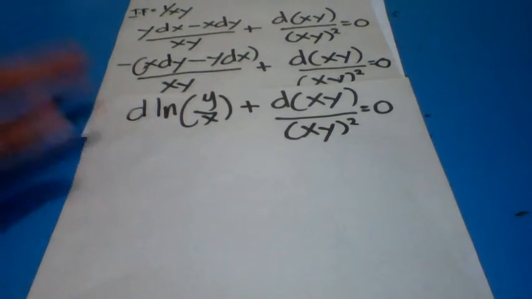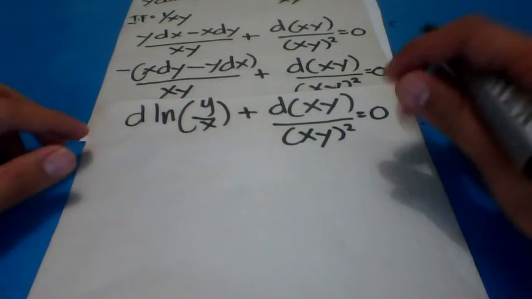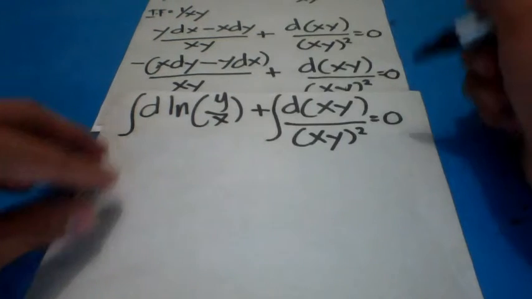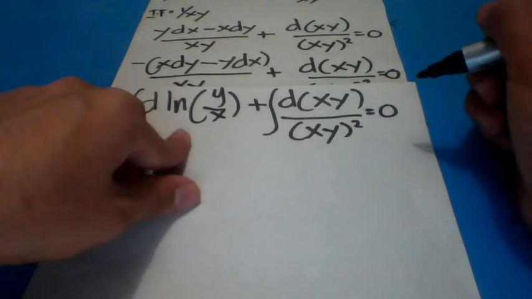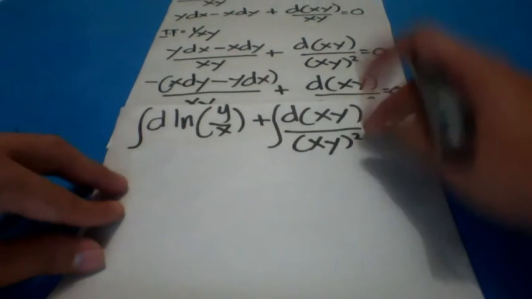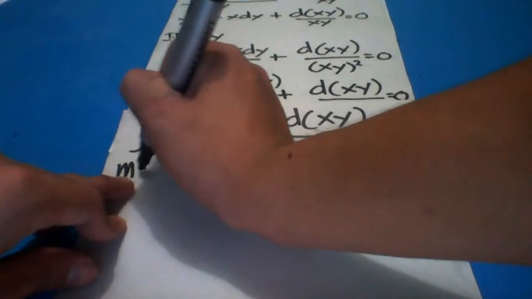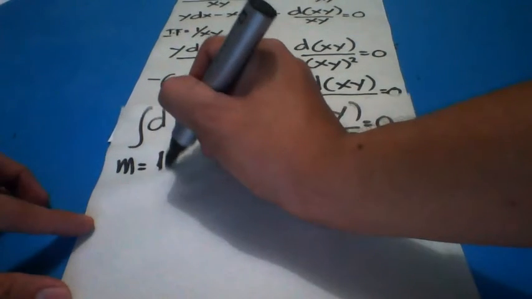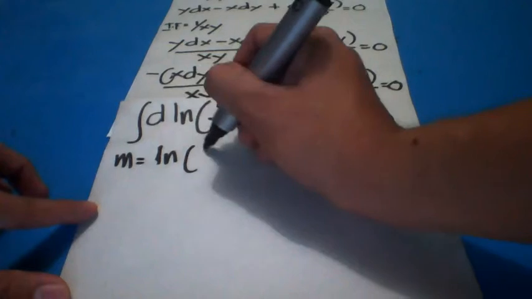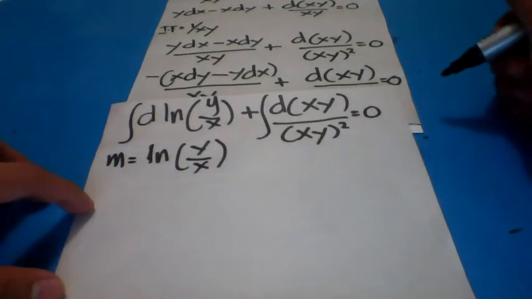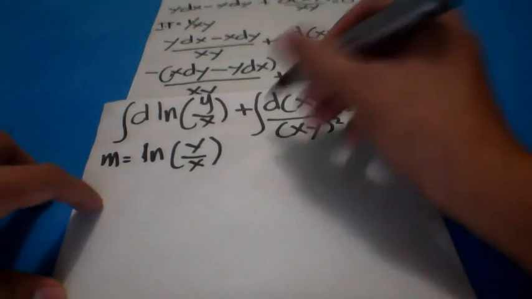Next, I'm going to apply the integration. So I'm going to integrate this one and this one. To integrate this, I'm going to let m equal to ln of y over x, and I'm going to let u be xy.